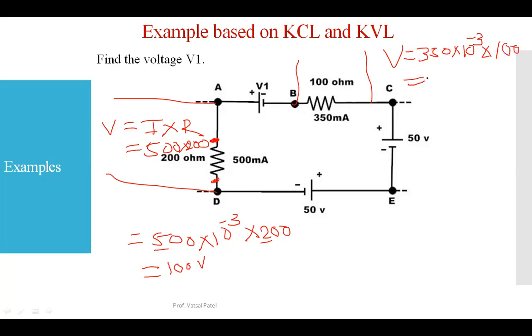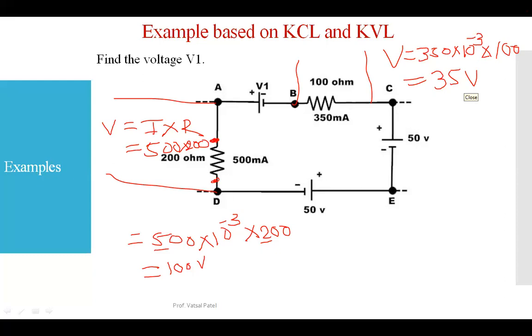So what is the value of voltage across the B and C terminals? Can we say it is 35 volt? Yes or no?